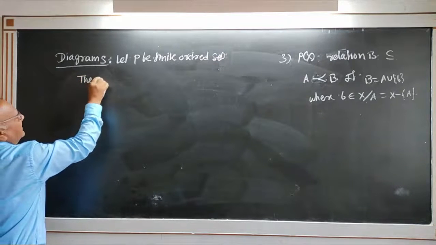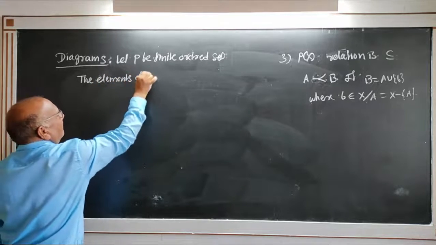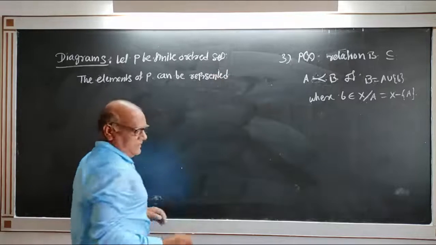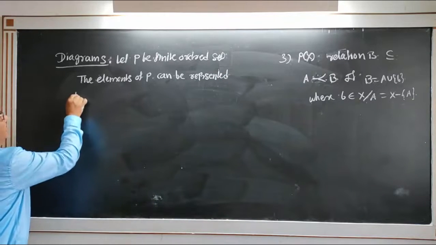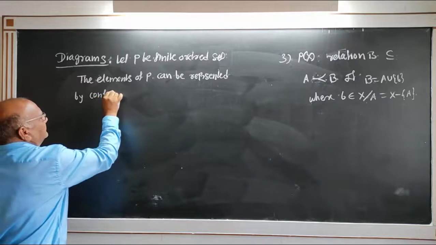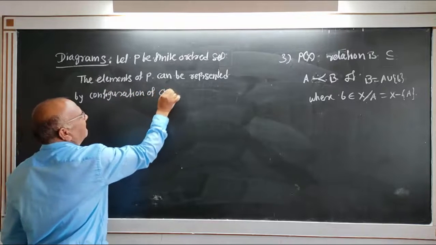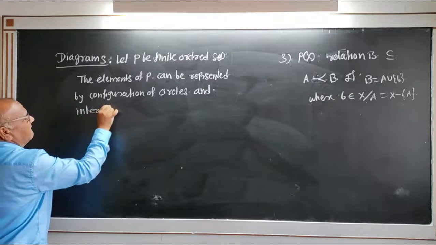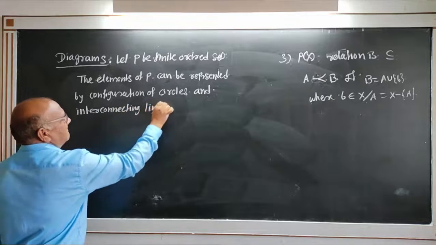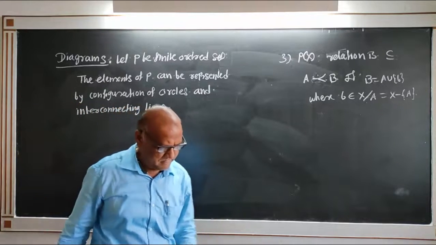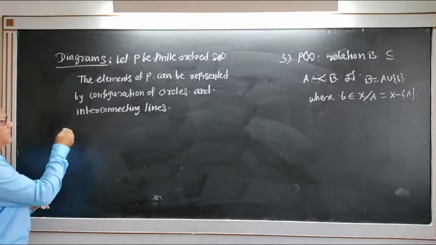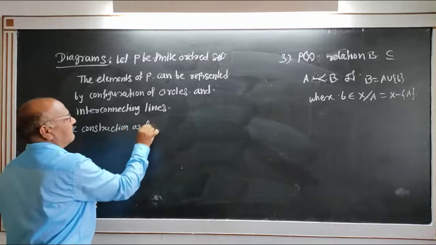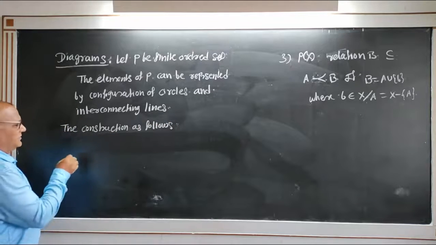The elements of P can be represented by a configuration of circles and interconnecting lines. The construction is as follows.